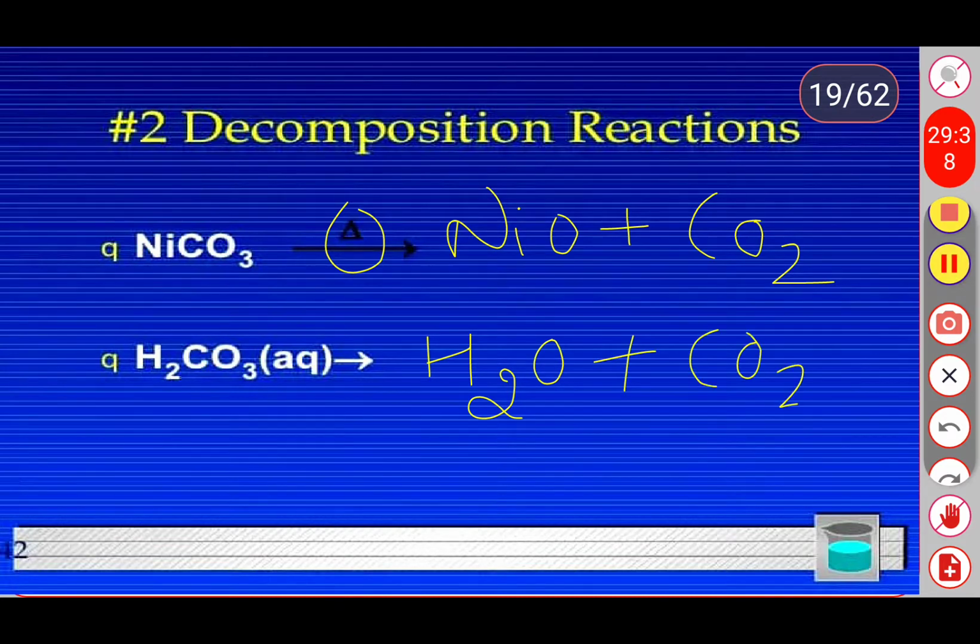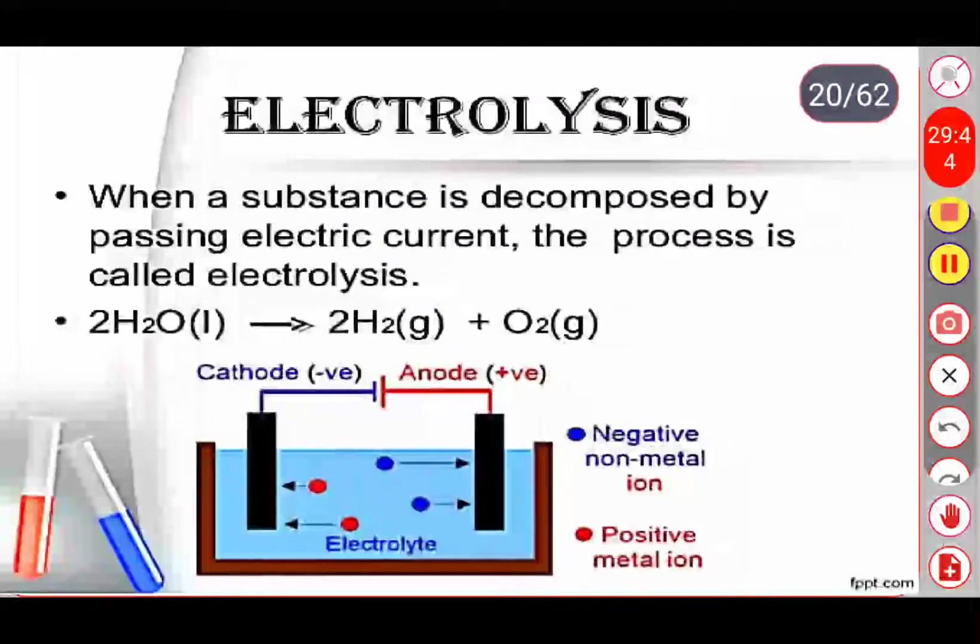In the decomposition reaction, we have some more types. First one, electrolytic decomposition, then photolytic decomposition, and next, thermal decomposition. So see the first one, electrolytic decomposition, that is nothing but electrolysis. What do you mean by electrolysis?